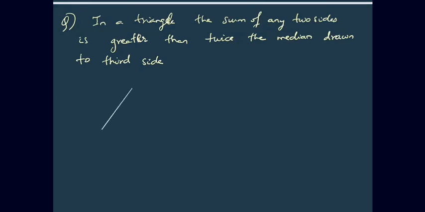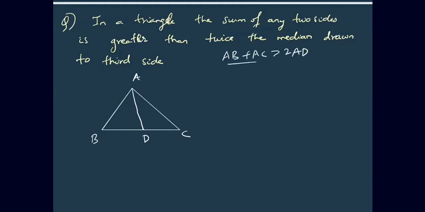So say I have a triangle ABC, and let us say AD is the median. So you need to prove that AB plus AC is greater than 2 times AD. This is what you need to prove. So just try this problem and then we'll discuss.